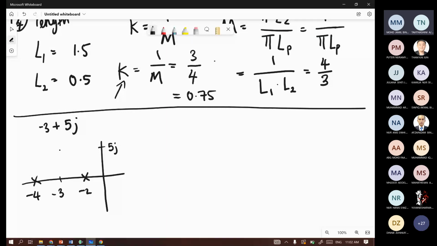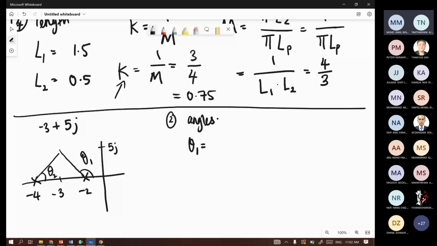So firstly, we need to find the angles. Okay, so you need to calculate this angle and this angle. Okay, so the angle is always measured from positive x-axis. Okay, please remember that.